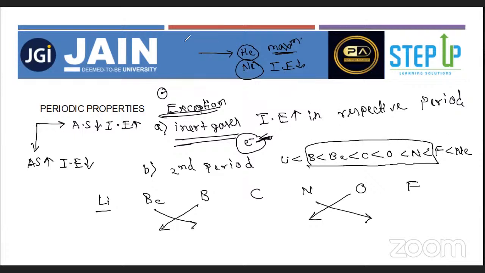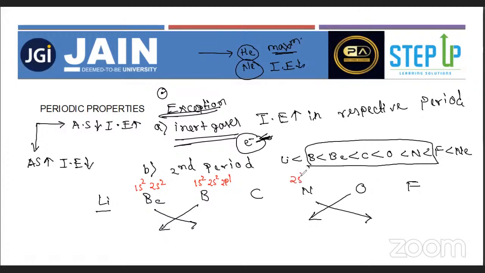If you see their configurations properly, here there is no problem. This is 1s2, 2s1. This is 1s2, 2s2. This is 1s2, 2s2, 2p1. This is 1s2, 2s2, 2p2.